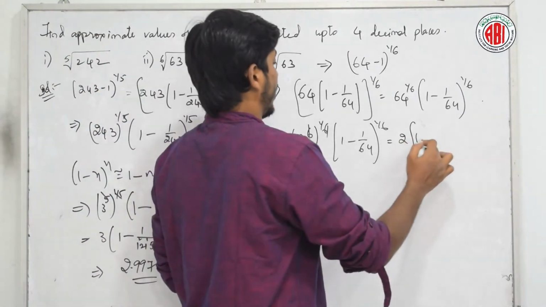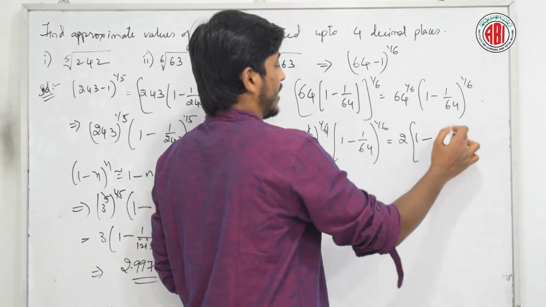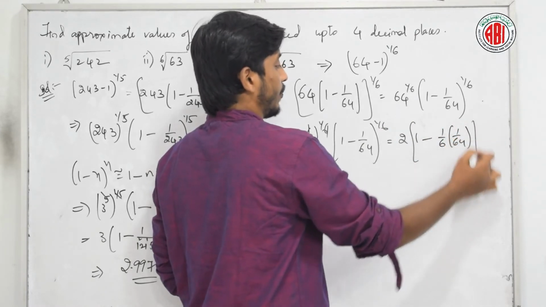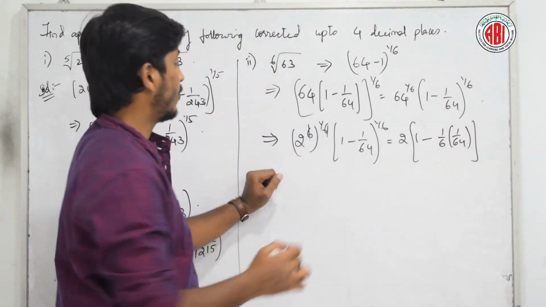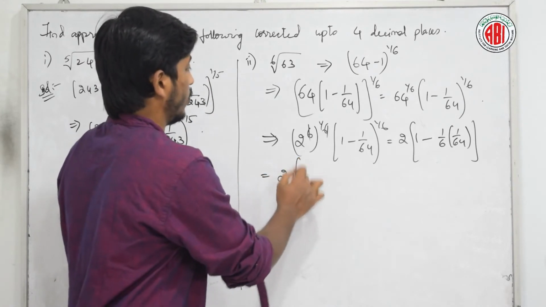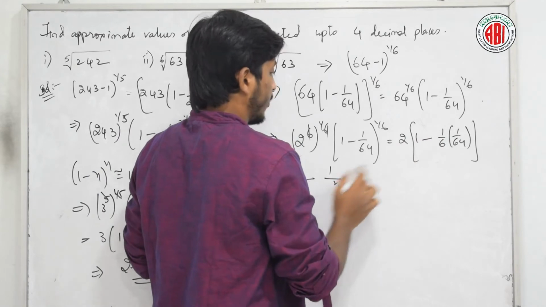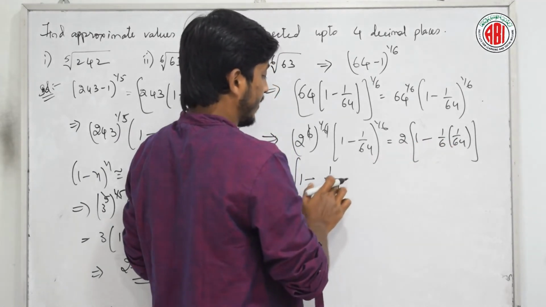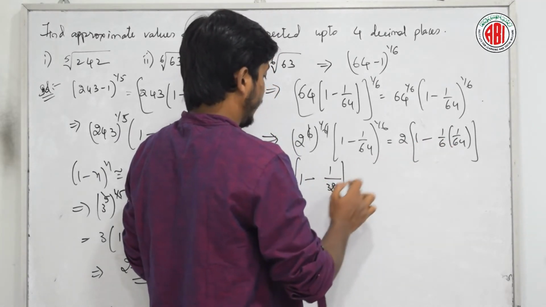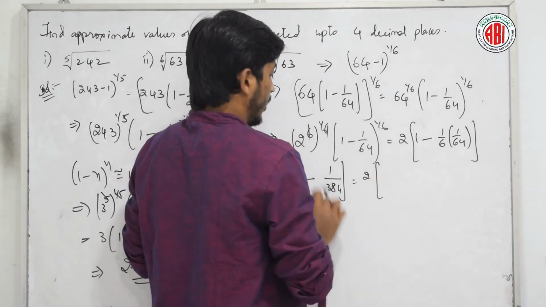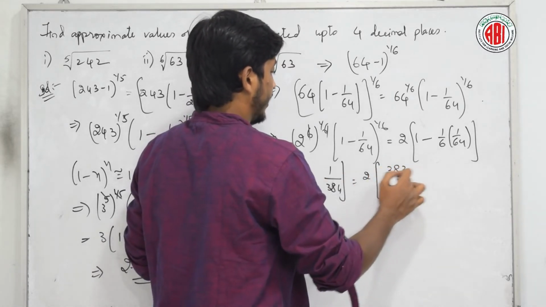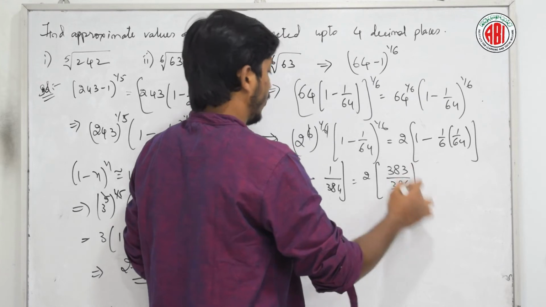So that is 1 minus n, which is 1 by 6, into 1 by 64. So let me write it as 2 into 1 minus 1 by 6 into 64. 6 fours are 24, 6 sixes are 36, 37, 384. Now 2 into 384 minus 1 is 383 by 384.